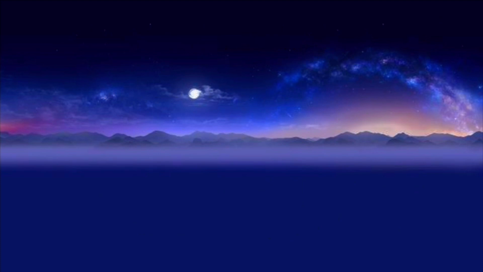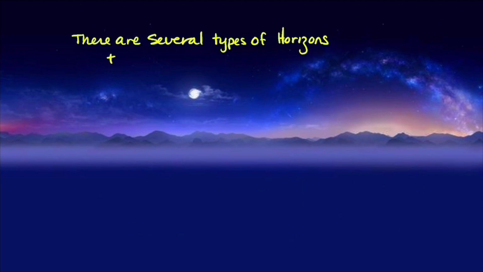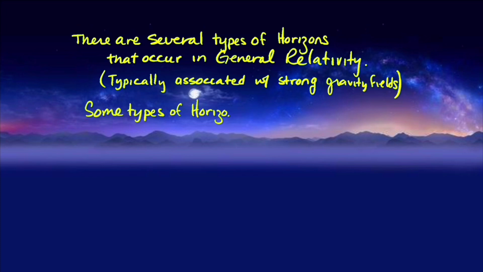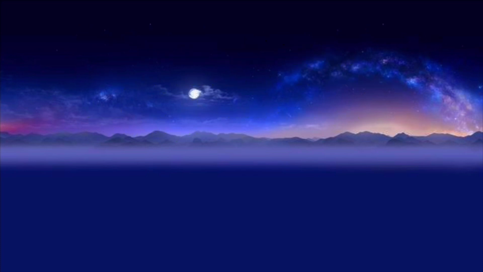But horizons come in many flavors. In fact, there are several types of horizons that occur in general relativity, typically associated with a strong gravitational field. Now, some types of horizons don't even require gravity fields. Horizons can be very strange objects, so we'll spend some time talking about them.